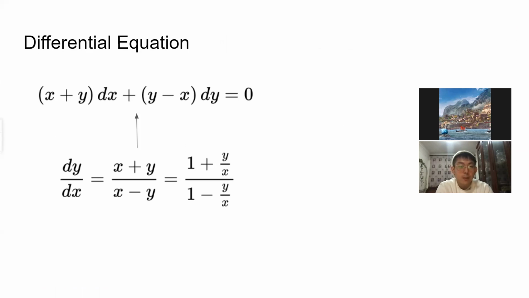We can change this equation to (x plus y) multiplied by dx plus (y minus x) multiplied by dy equals 0. This method is the same as in the first one. If we change the equation and the right hand side is 0, it could be a homogeneous equation. Next page, please.